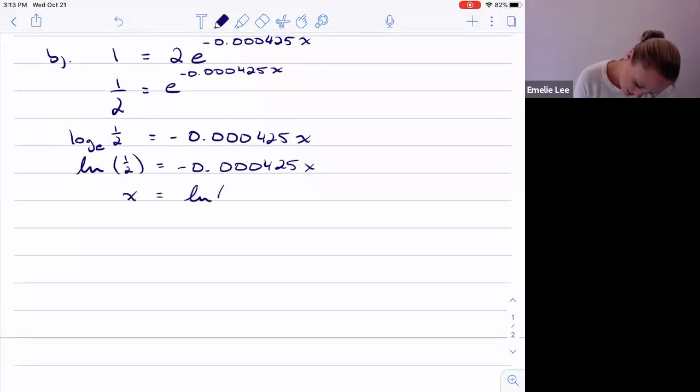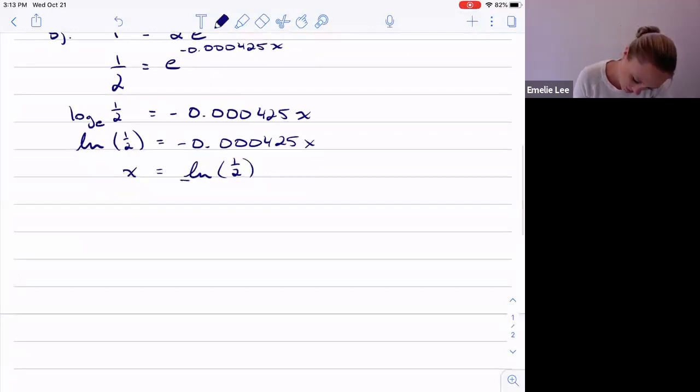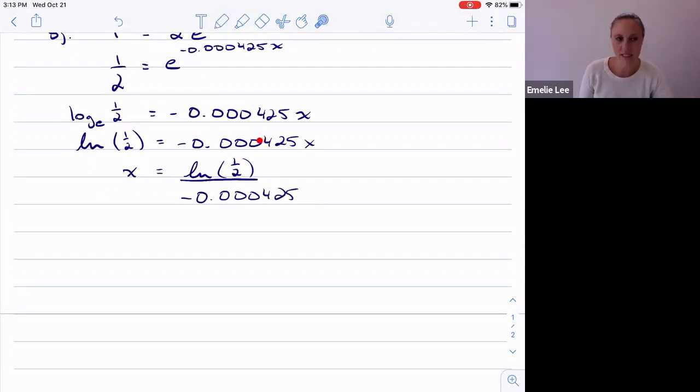X is the natural log of 1/2 divided by negative 0.000425. So what I did is I divided both sides by this negative 0.000425, but then I also switched so that the x would be on the left-hand side and the stuff would be on the right-hand side.